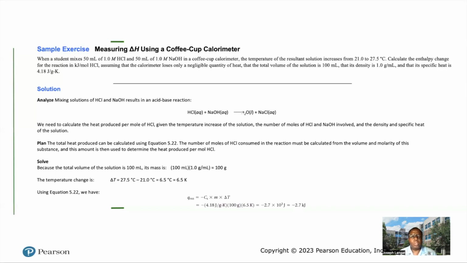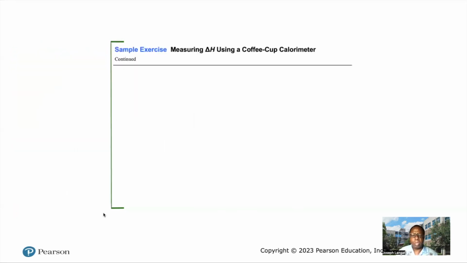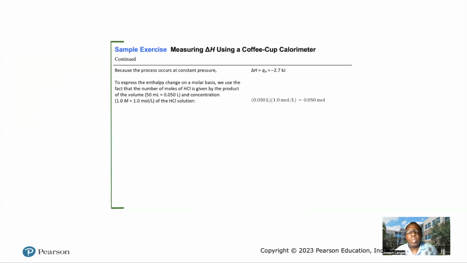it is per mole, so we need to know how many moles we have in here. So you divide by the number of moles. This is the number of moles of HCl we have in 50 mL, and molarity times volume in liters gives us the number of moles.